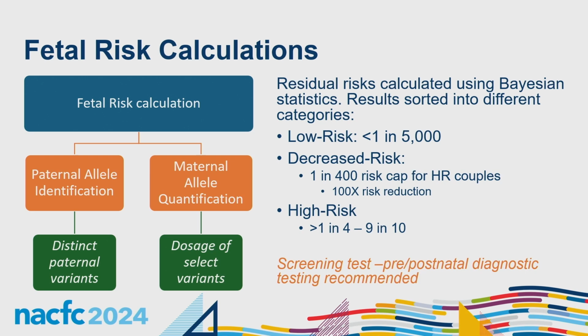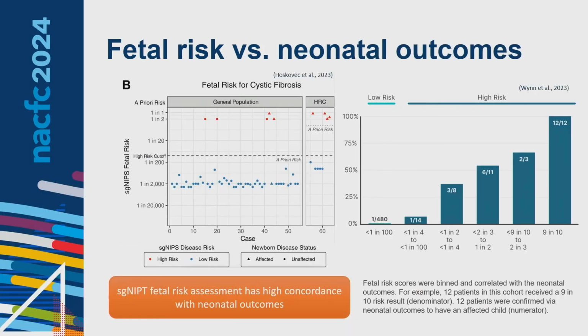So that means the lowest residual risk we can give high-risk couples is a 1 in 400. And then we can go to 9 in 10 as well with those couples. And again, anytime we're issuing a result, even for low risk, we will recommend postnatal testing or diagnostic testing if desired, and then obviously screening for a partner in future pregnancies is also on our list of recommendations.